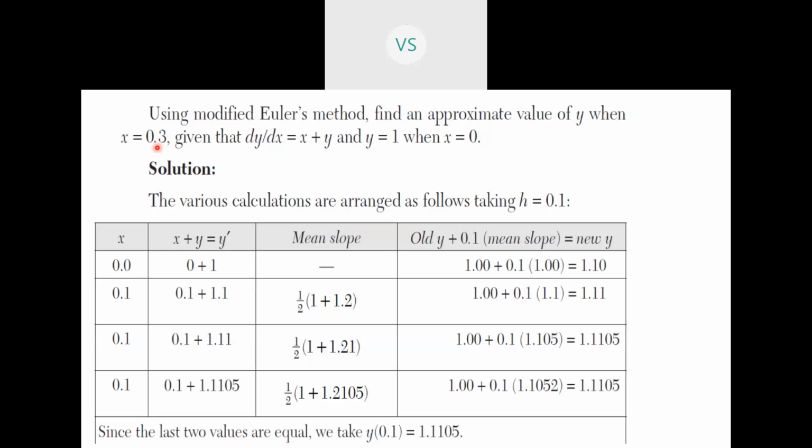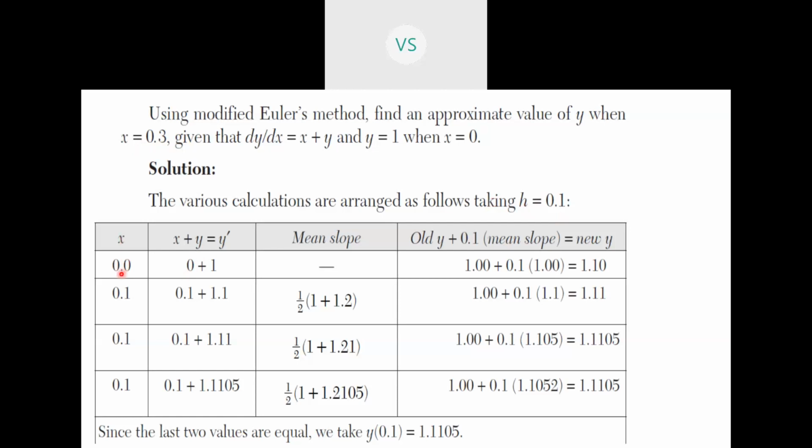So x will have values 0 (x0), then 0.1, 0.2 and 0.3. Like this x is having different values. Here you can see we have taken h as 0.1.